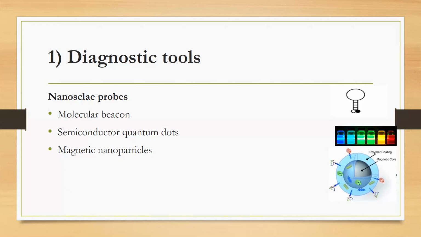Once they are bound to the surfaces of the cells, due to their magnetic effect, they ultimately produce the signal outside, and we can easily diagnose the development of the plaques in the blood circulation system. So this is how we can use various nanomaterials as probes in the diagnosis of the cardiovascular diseases.